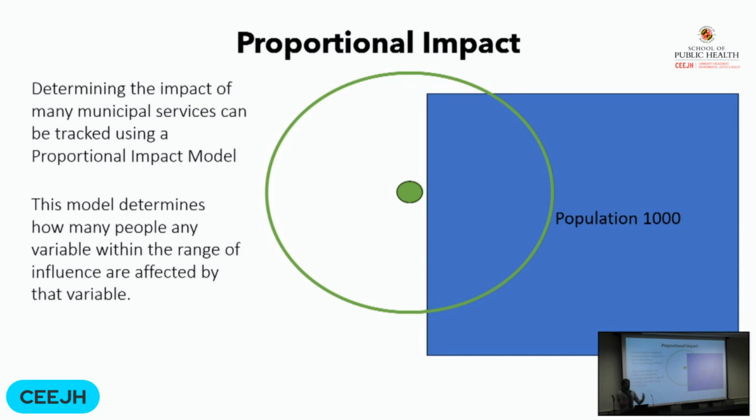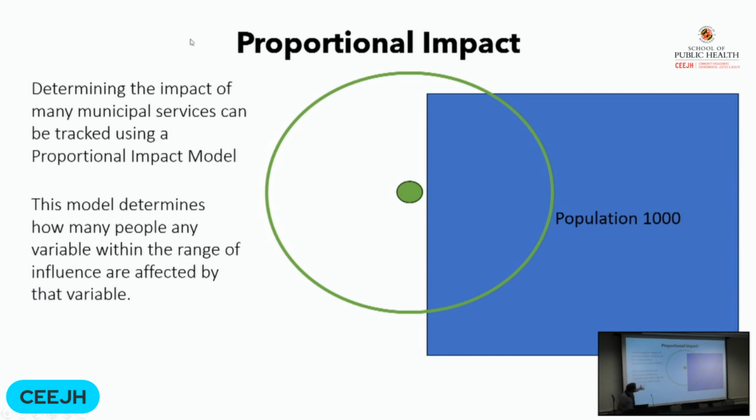That's not a great way to do it, because just because there's a police station in your neighborhood, it might be on the other side of a river and take 15 or 20 minutes to get to your house. So it doesn't give you a good impression of their reach. So I use a proportional impact model.